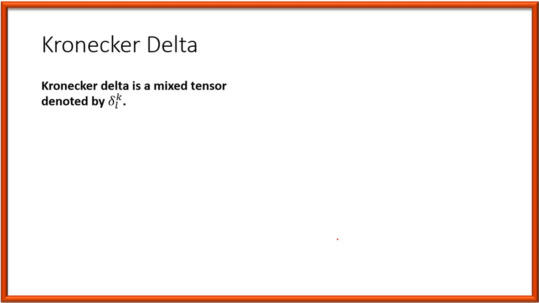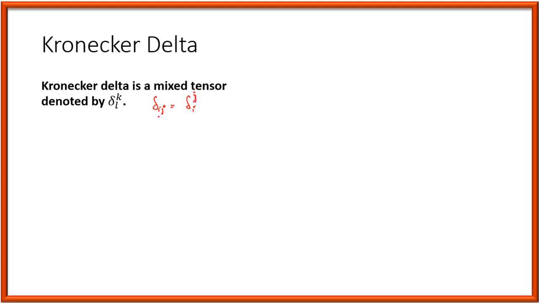Now let us see Kronecker delta. We have discussed the properties of Kronecker delta in our previous video. So based on what we have discussed today, the Kronecker delta actually appears to be a mixed tensor. Hope you remember in the last class I asked you to write Kronecker delta Ij also as Kronecker delta with one index up and one down.